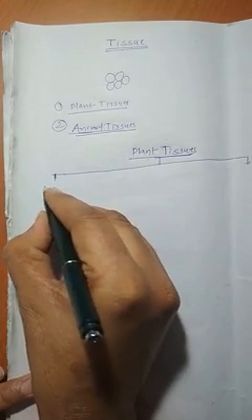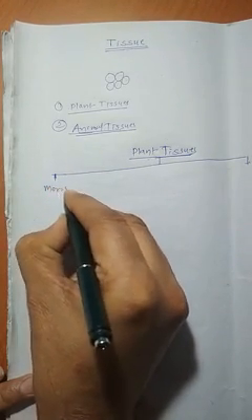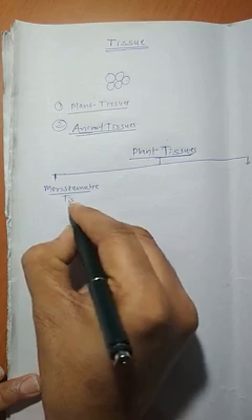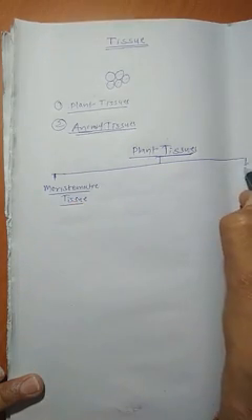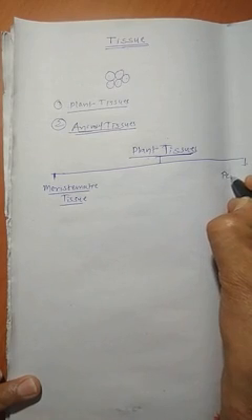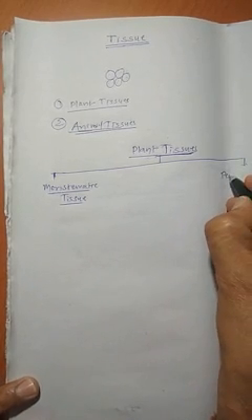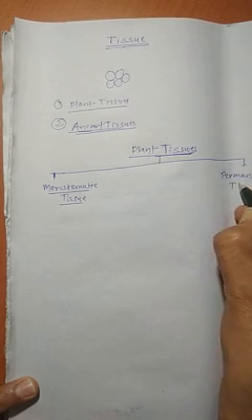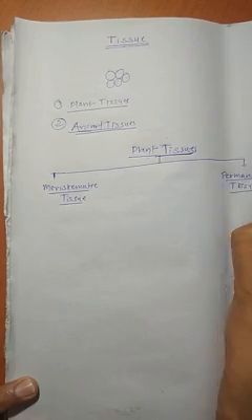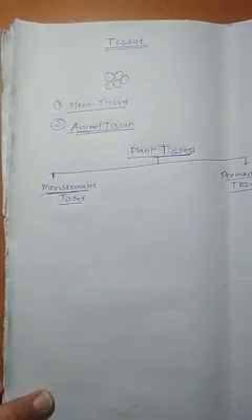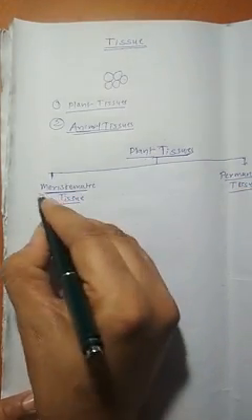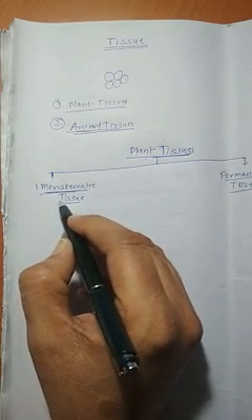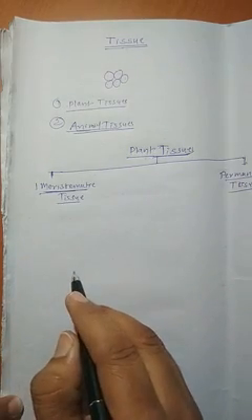Number one, meristematic tissue. And the second one, permanent tissue. These are the basic types. Meristematic tissues are the tissue responsible for the growth in the plant.